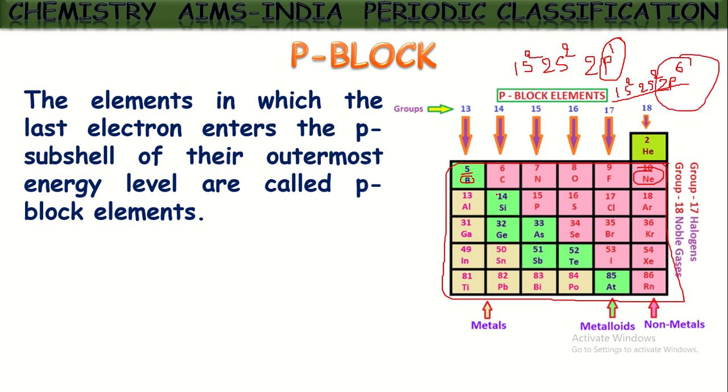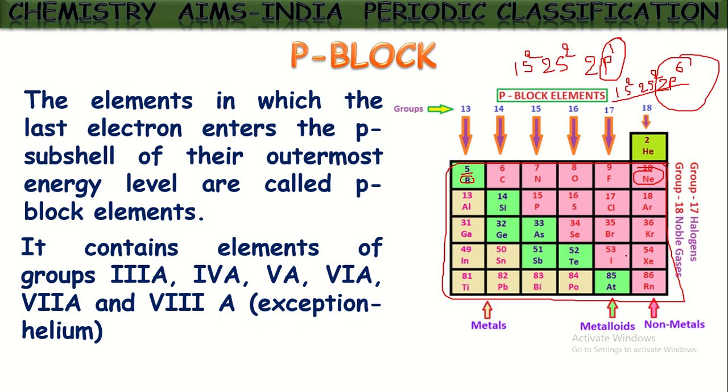In this way, not only for these elements, remaining all elements also, if you observe configurations, these all will be having their differentiating electron in the p subshell. So these elements are classified as p block elements. That's to say, definitionally, the elements for which the differentiating electron enters into p subshell are called p block elements. Okay.